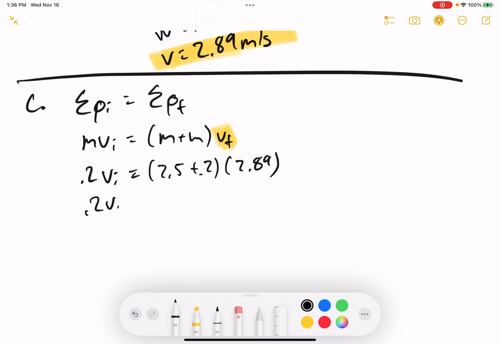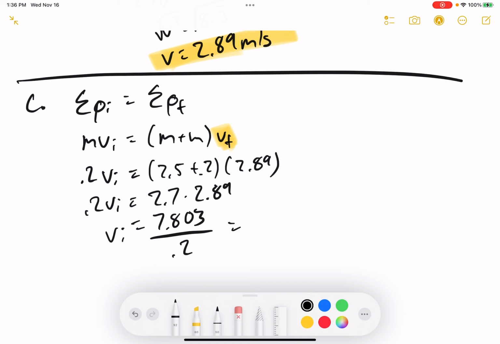So I have 0.2 vi equals 2.7 times 2.89. This might be a good point to try to use your original values, but it won't end up mattering too much. Then I just need to divide by 0.2 to get my vi, and so I get 39.02 meters per second.